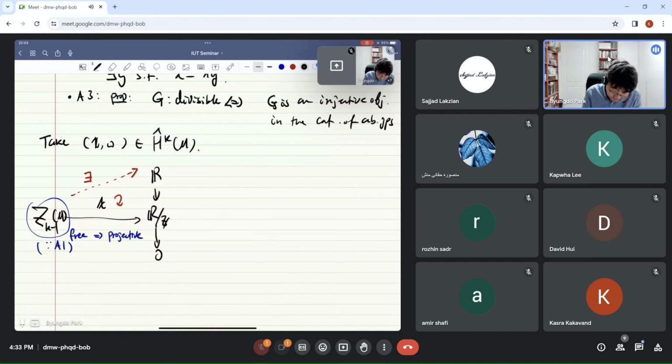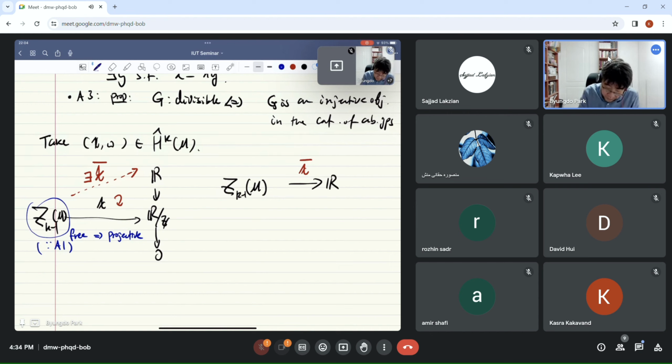Now I'm going to call this chi bar, and put it here. So this is chi bar.